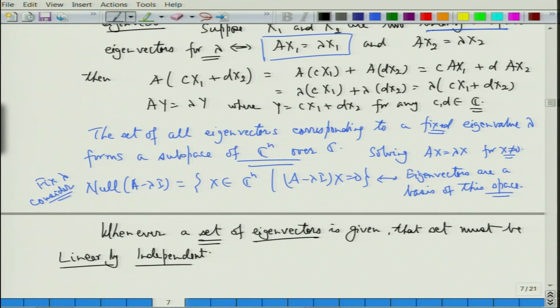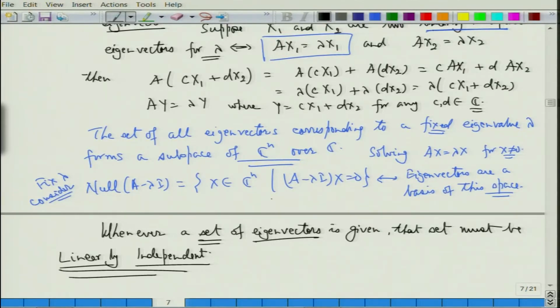If you give a set which you say is linearly dependent, and at the same time say it is a set of eigenvectors, then the two things do not make sense. That is a statement which is vacuous. So linear dependence and eigenvectors do not go together. Linear independence is very, very important, because you want a basis of this null space of A minus lambda I, you do not want anything else.